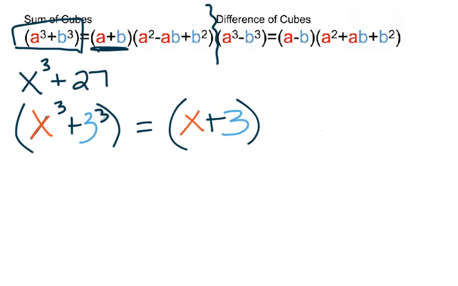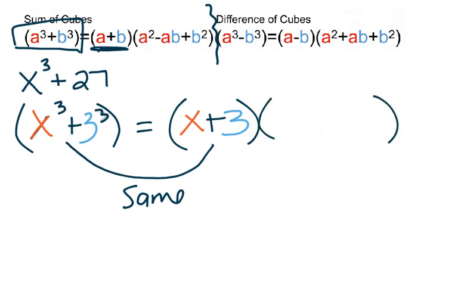And it's always going to be a plus sign. So if it started out with a plus sign, it's going to be the same sign. Alright, and then the next parentheses, you have whatever was being cubed, so x, and you're going to square it, minus the two things that were being cubed, so the x and the 3, and we're going to multiply that. And x times a 3 is a 3x.